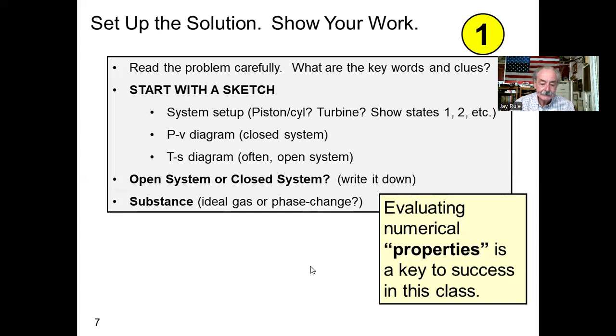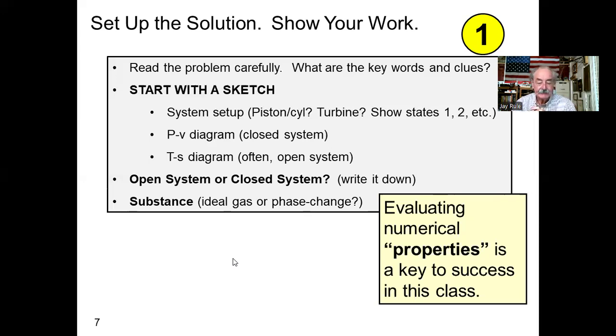The next thing to decide: what's my substance? What substance do I have? And remember, for this class, it falls into two categories. Either I have an ideal gas, like air, nitrogen, CO2, or is it a phase change substance, like steam or water, ammonia, refrigerant 134A?